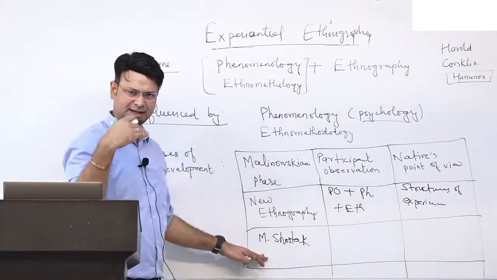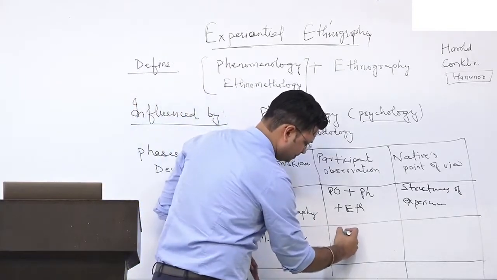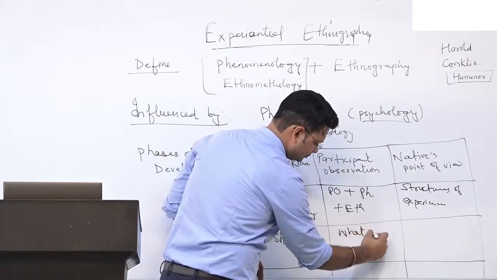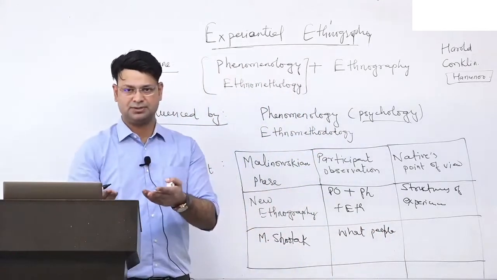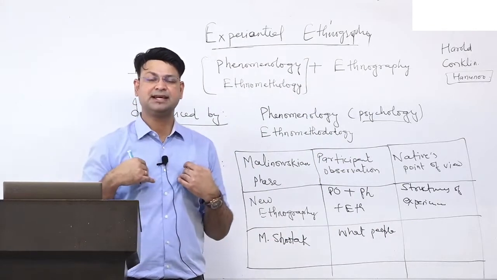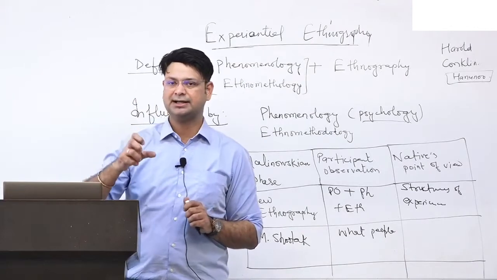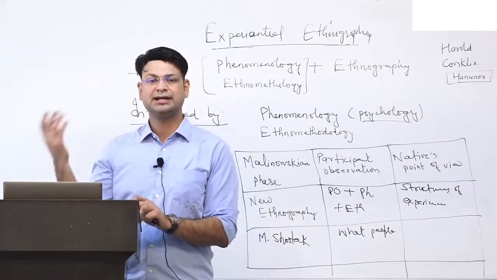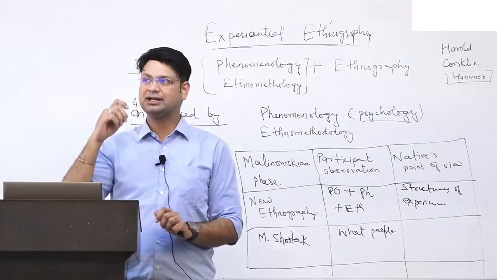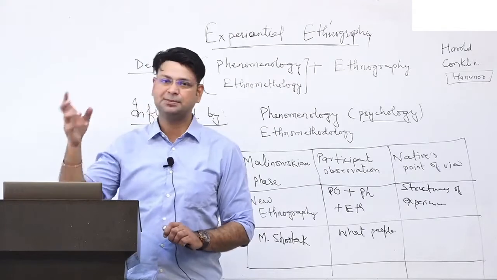Now people started representing themselves: what is my reality, how I perceive this world, how is my marital life, what kind of family I have, what kind of economic or subsistence habits and political beliefs I have.